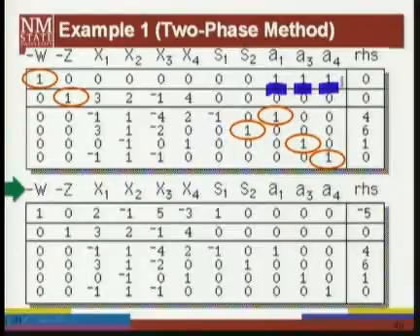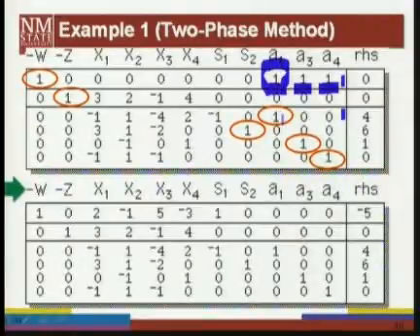So this first row minus the third row, then this one will be removed, right? First row minus the third row, then 1 minus 1 becomes 0, right? Up here.